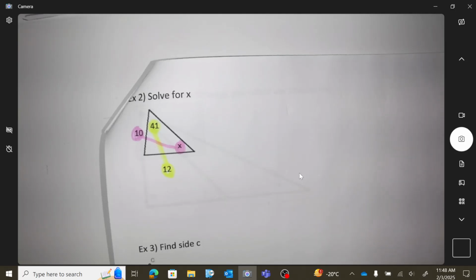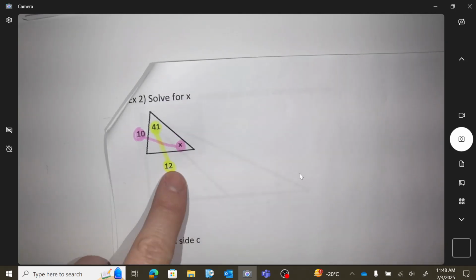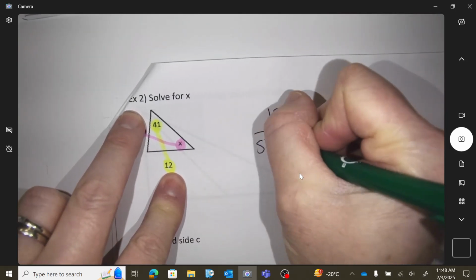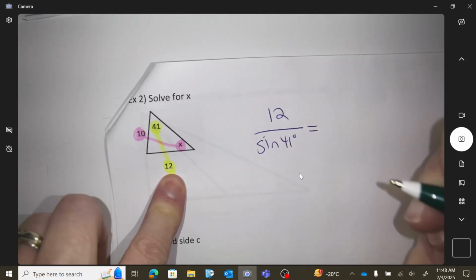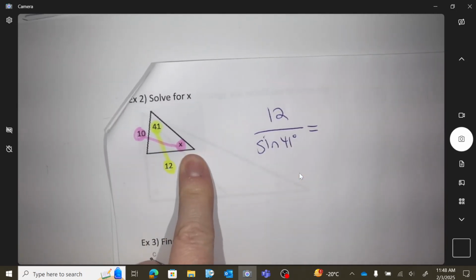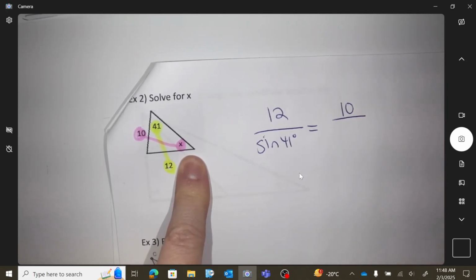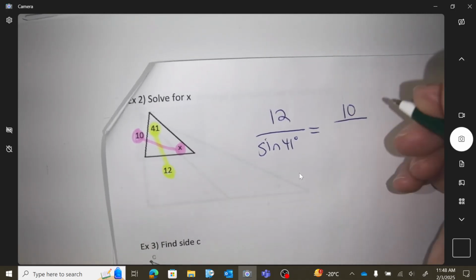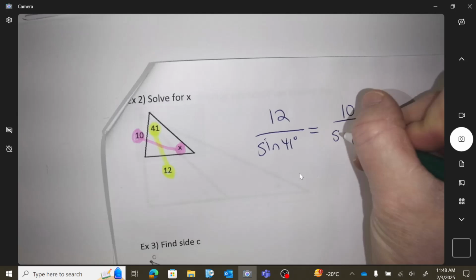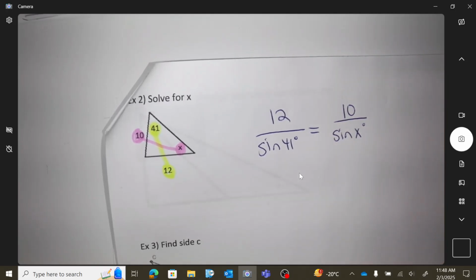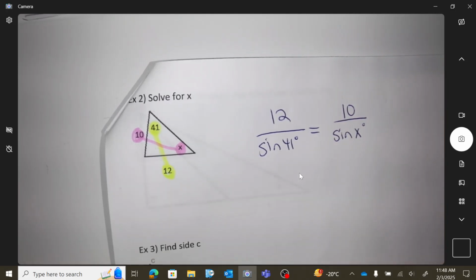Okay, so I have to write it now in a fraction form. 12 over sine 41 degrees. Be careful here because now 10 is the side on this one, which means you're doing sine of x degrees. This time we're finding an angle. Last time we were looking for a side.